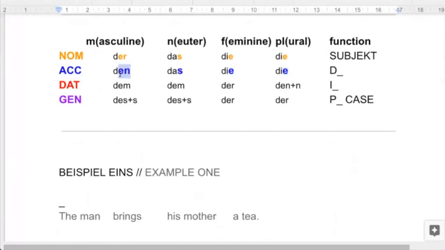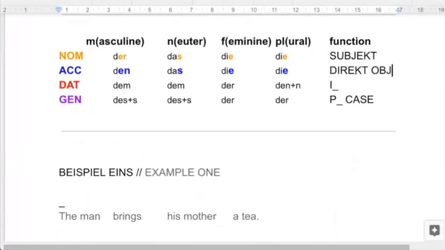It's en instead of er, but the rest, das, die. And as the accusative is telling us who is accused, who is directly influenced by the verb, by the action, it is the direct object.